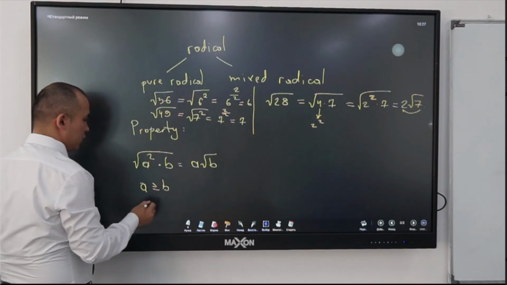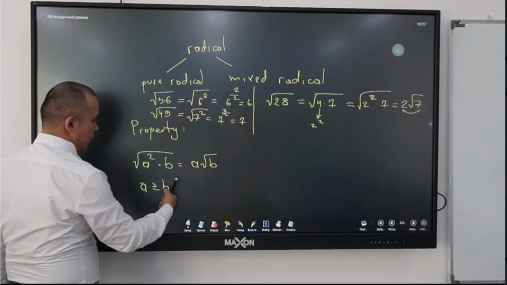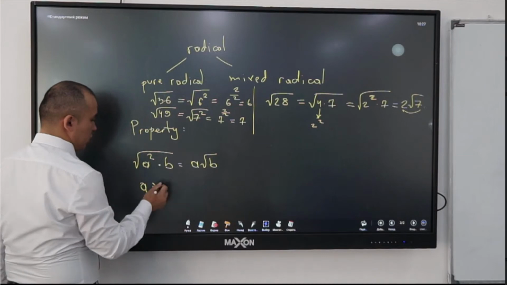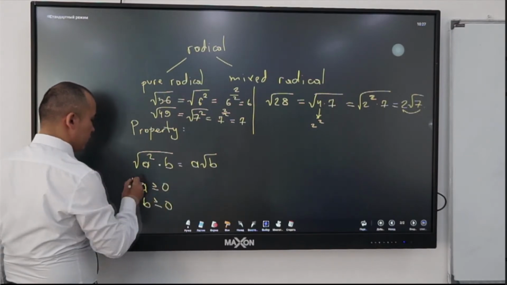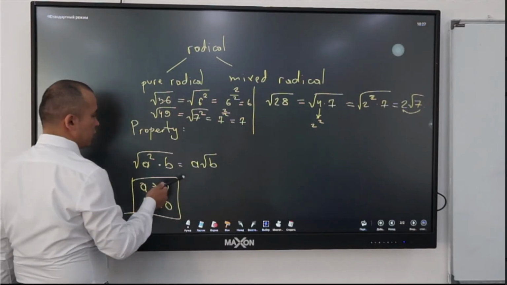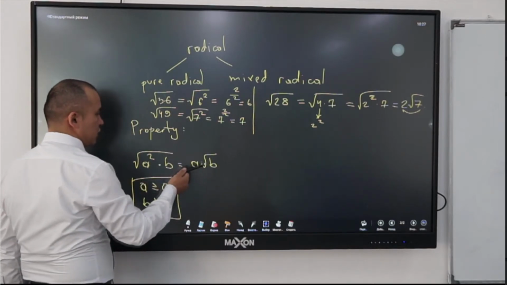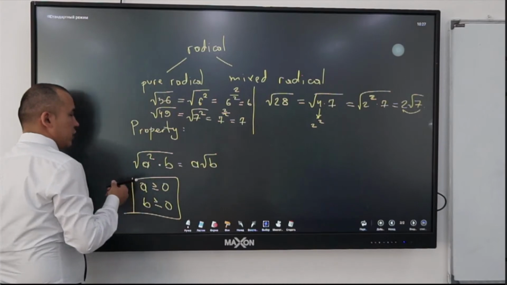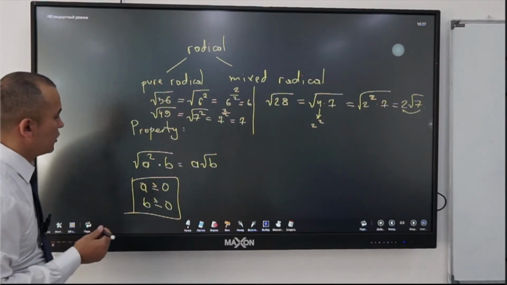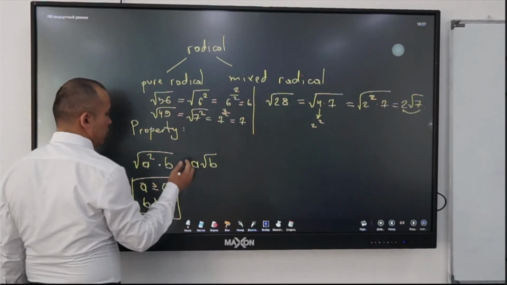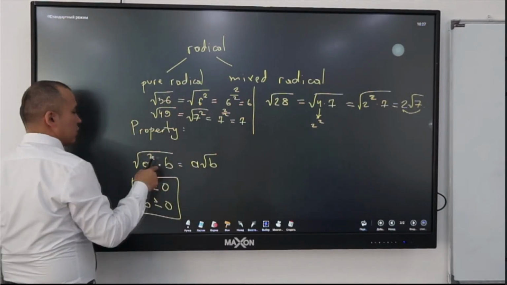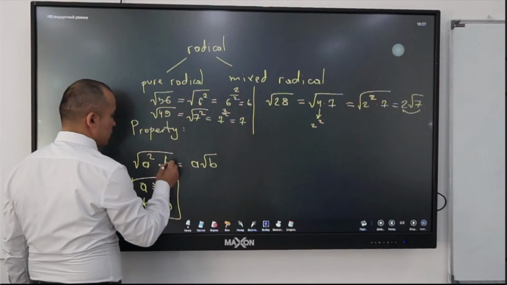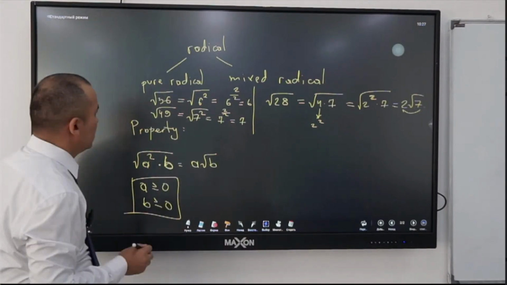The domain of a and b must be bigger than or equal to 0, so that when we write this a squared times b like mixed root, one number will contain the square, the second doesn't contain it.